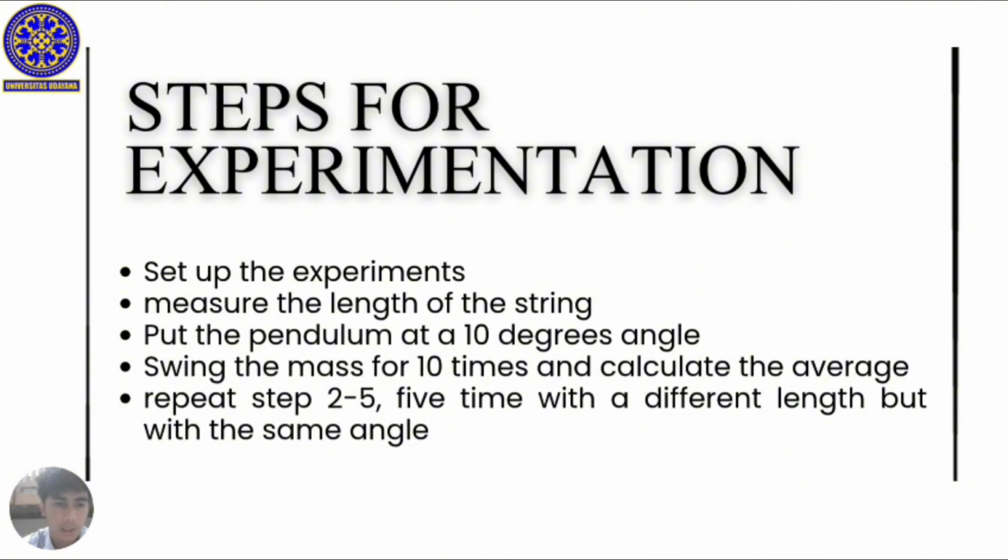Step 3, put the pendulum at a 10 degree angle. Step 4, swing the mass for 10 swings and calculate the average. And the final step, repeat step 2 up to 5 times with a different length but with the same angle.